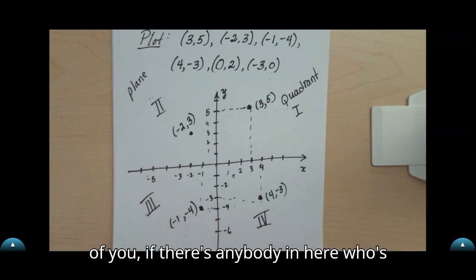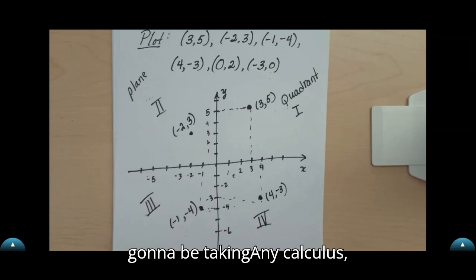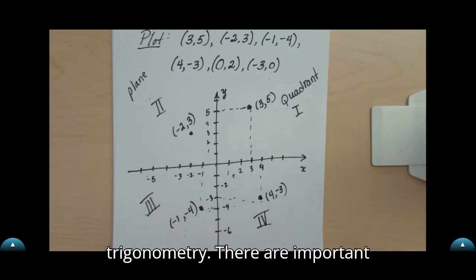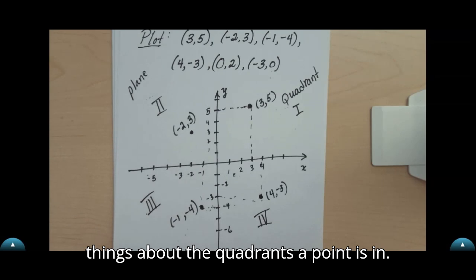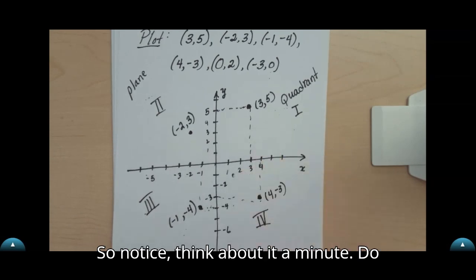And for those of you who are going to be taking any calculus, specifically pre-calculus, before you take calculus, which is mainly trigonometry, there are important things about the quadrants a point is in.